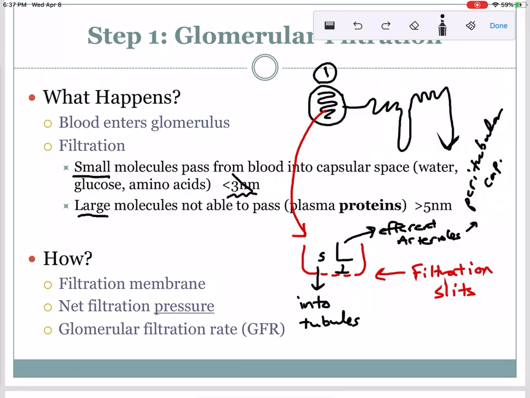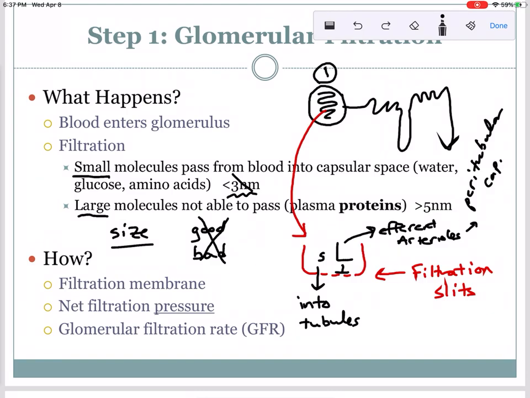So what's interesting is that we're filtering strictly by size. The blood filtration here is not based off of what's good and what the body can reabsorb versus what's bad and has to be excreted. The glomerulus isn't going off of that at all. It's strictly by size.